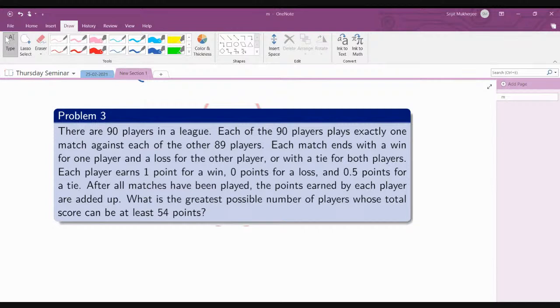Ninety players in a league, each of them plays exactly one match against each of the other 89 players. So what is the total number of matches played? Tell me, it's easy, guys. Not 90.